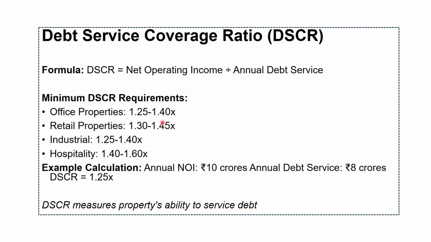For office properties it is 1.25 to 1.4, understanding that they are much more stable businesses. In hospitality, they understand there is a lot of fluctuation, which is why the ratio is 1.4 to 1.60. That understanding of the business has to be there, and that is why you see this range of DSCR.